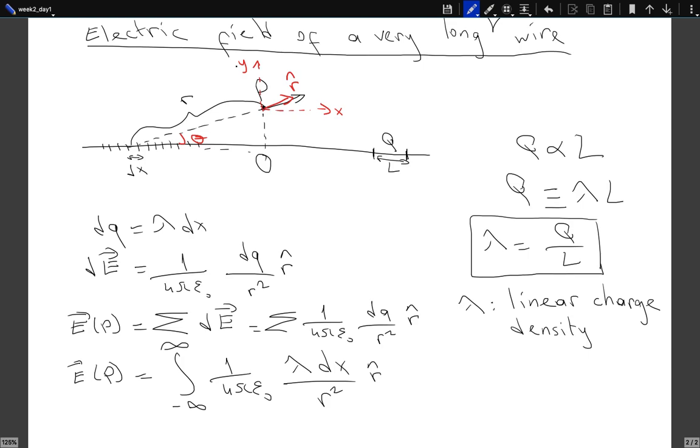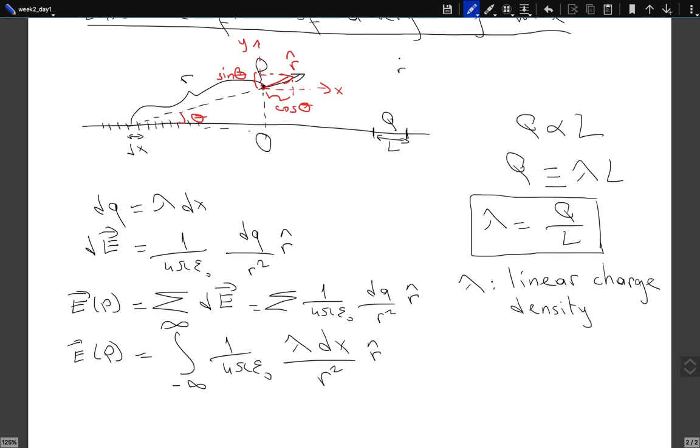As I change my segment, the r hat vector changes, but the x direction and y direction are constant. They are independent of my integration variable. This length over here is cosine theta, and this length is sine theta. So my r hat vector is just cosine theta in the i hat direction plus sine theta in the j hat direction.